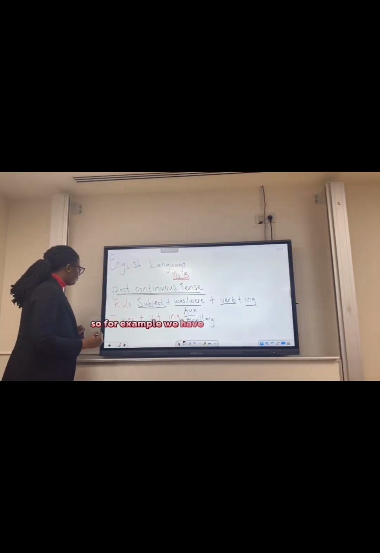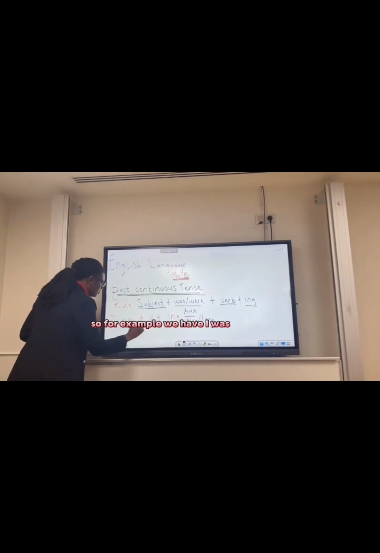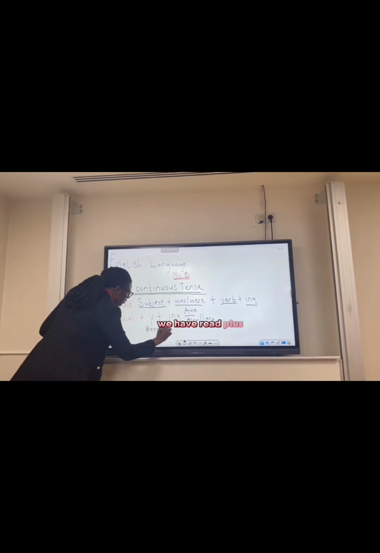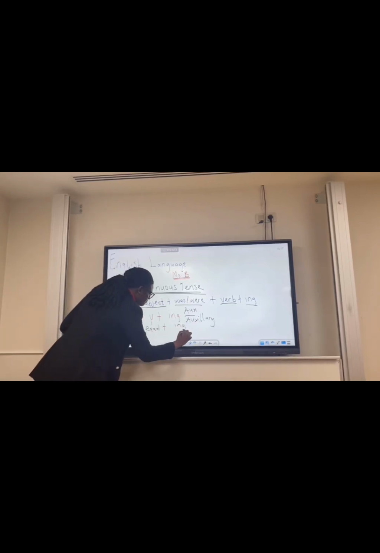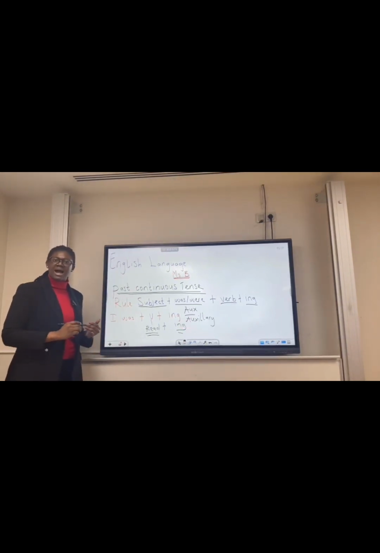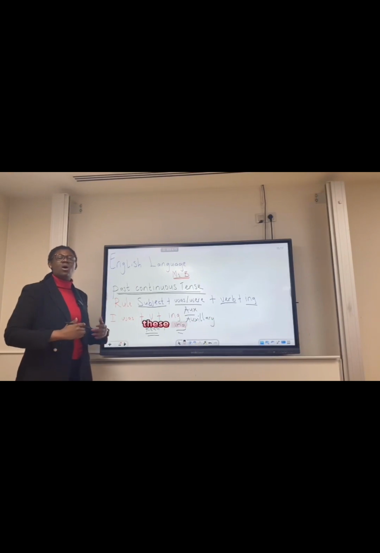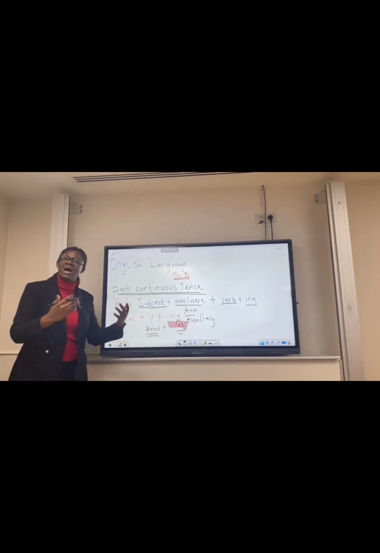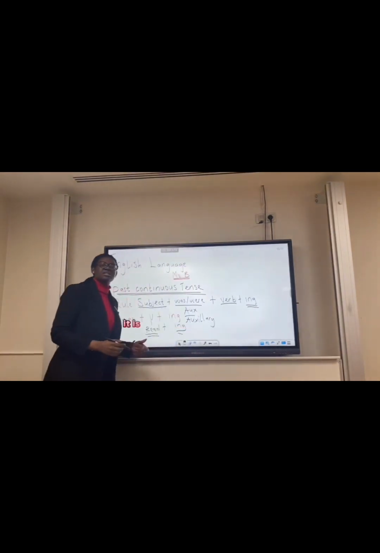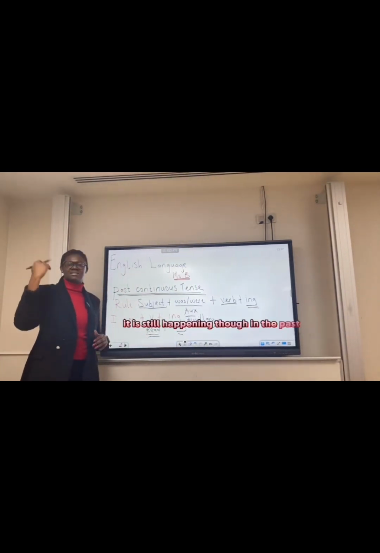So for example, we have I was, let's say verb, reading, we have read plus ing. I was reading, I was playing, I was studying. These are all past continuous. Why is it continuous? Because of the ing. It is still happening, though in the past.